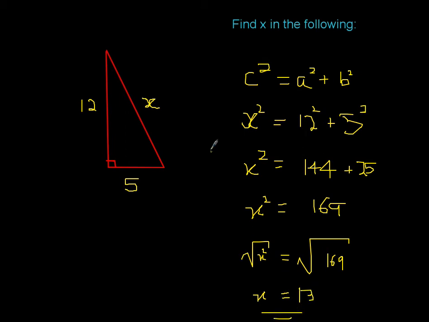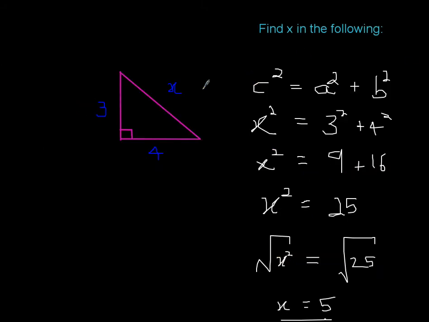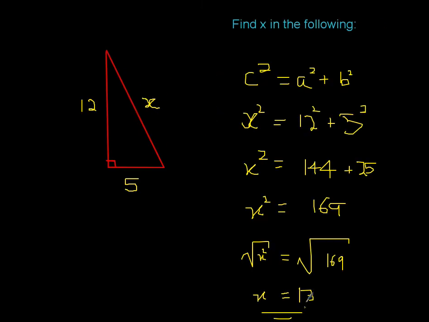Now notice the x's for these two problems. Here x was 5 and x here was 13. These neat triangles with whole number sides are called Pythagorean triads.